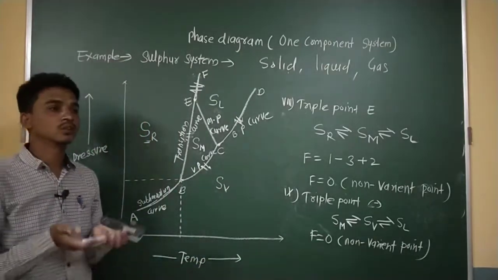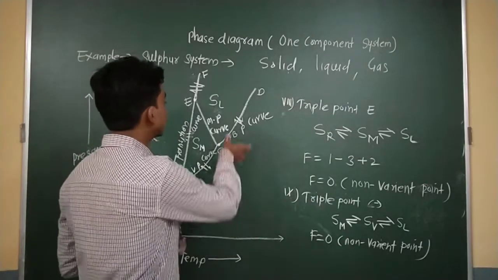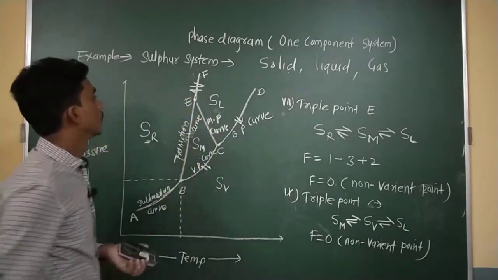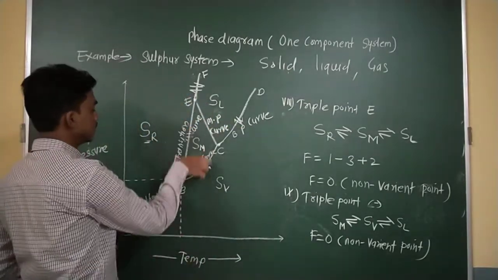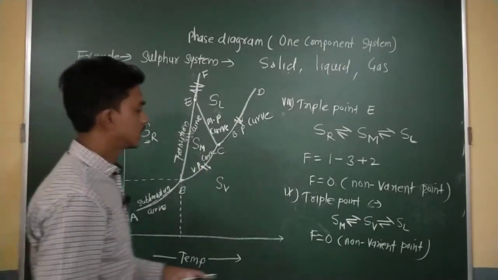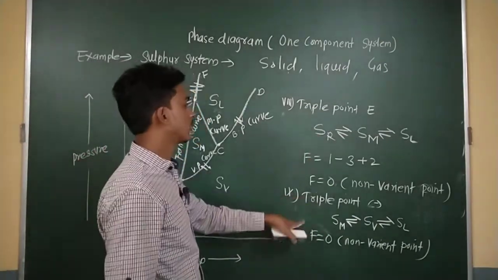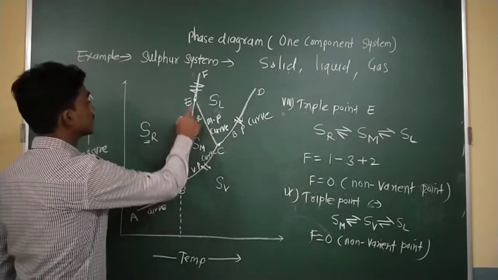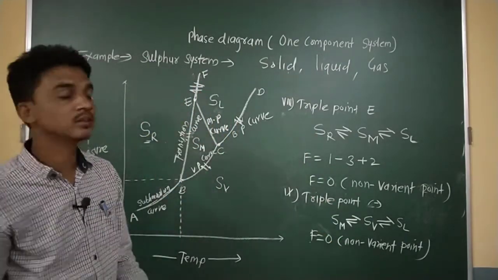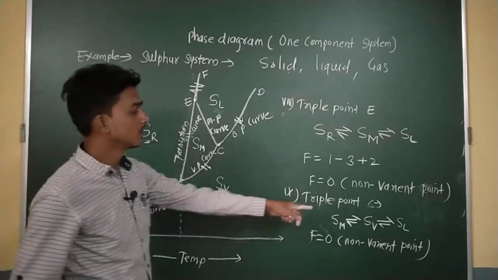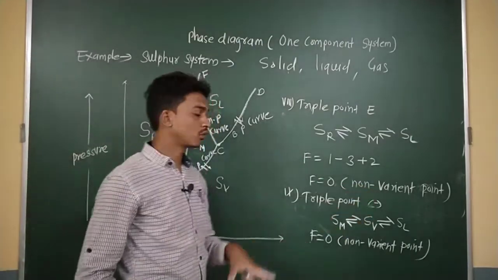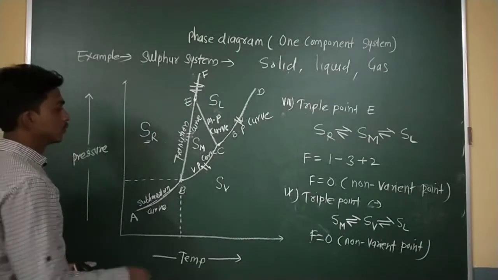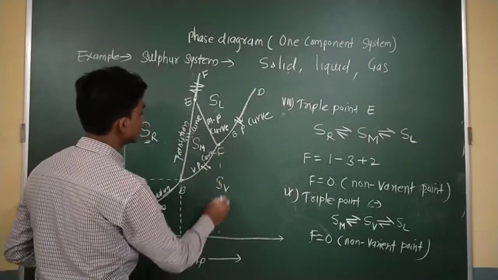Watch the videos and prepare your notes at home. So these are the curves related to the triple points, and all the triple points in the sulfur system and the water system are non-variant points.